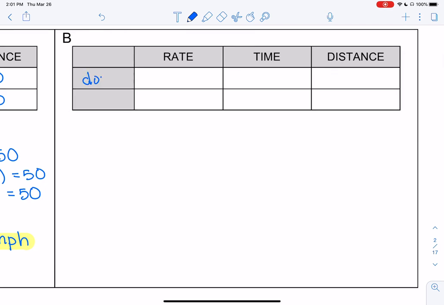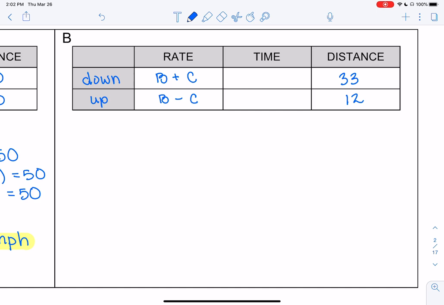We start off with downstream and upstream. We have our boat plus current and our boat minus current. Then I go back and find that it's 33 miles downstream. That's again my distance. And 12 miles upstream, my distance. What's different on this one is the times are not going to be the same.